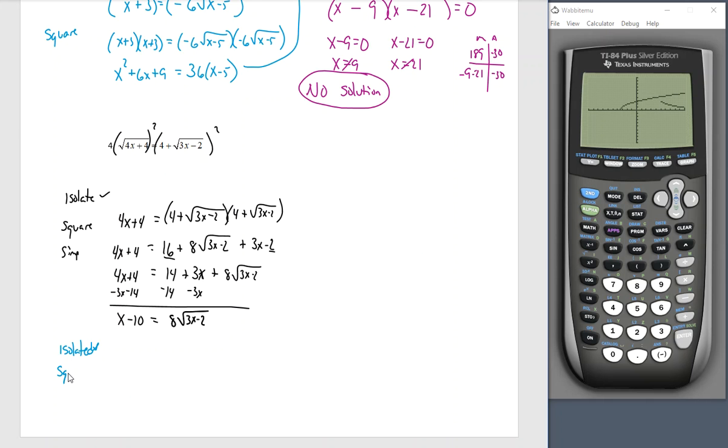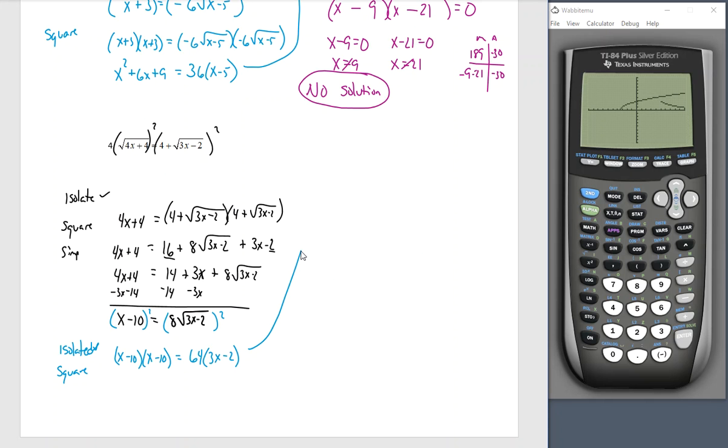So now we're going to square. When we square the x minus 10, remember that's x minus 10 multiplied by itself. When we square on the right-hand side, 8 squared is 64. The square root squared is, in parentheses, 3x minus 2. All right, let's take this up.